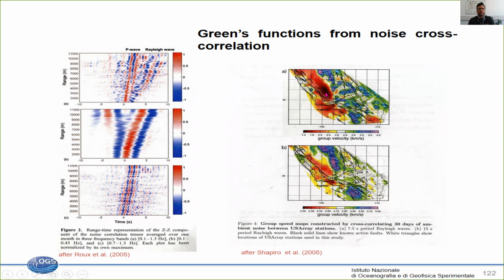So in tomography, a little bit like you remember the first inversion example that I showed you for the block, where we were measuring the travel time, we could measure the velocity. You can, of course, do the same also with the travel time of the waves generated by an earthquake. If it's not an earthquake, we can still retrieve the travel times of waves that are, in this case, related to seismic noise and describing the propagation between two different stations.